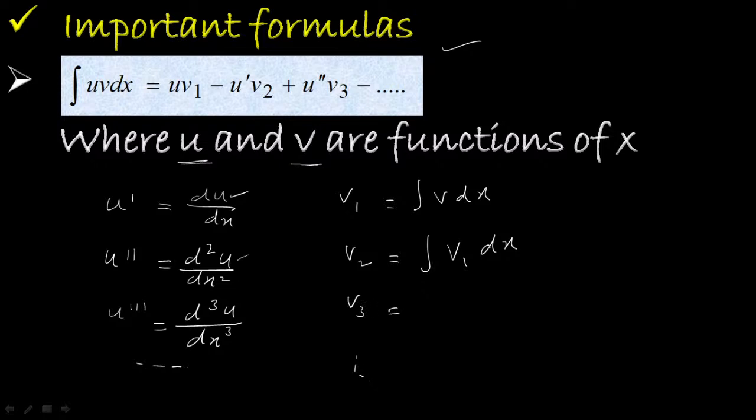And v3 is the integral of v2 dx, etc. So v1, v2, v3 are successive integrals, whereas u dash, u double dash, u triple dash, etc. are successive derivatives of u. This is one of the very important formulas you have to remember. This is what we use to calculate the Fourier coefficients An and Bn.